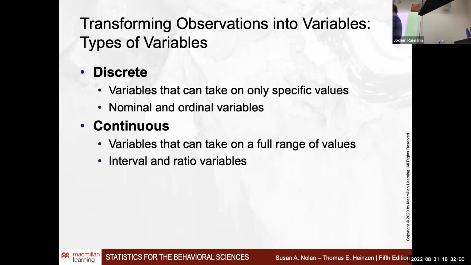And there you distinguish between interval and ratio variables. Interval, by definition, are equally spaced numbers that can take on any value. Slightly in contrast, ratio variables can also take on any value and are equally spaced, but do have a meaningful zero.